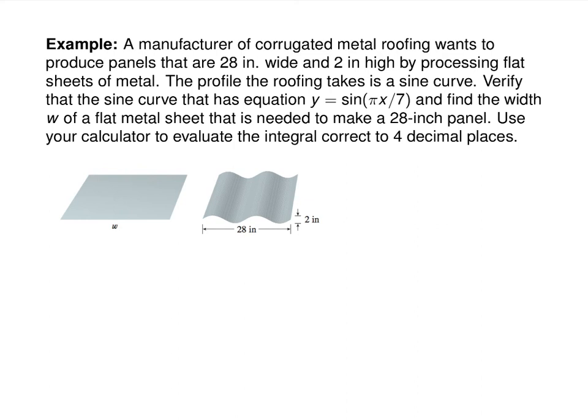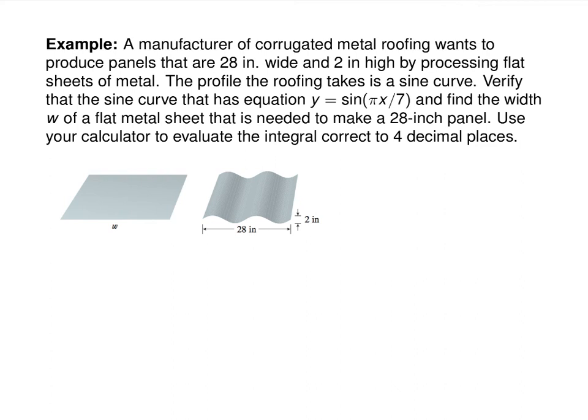So the final question we're going to go over is an application of arc length to engineering. And we're going to use calculators because engineers are going to use calculators to do their computations. Suppose you want to make some metal roofing, and the panels that you produce are going to be curvy, and they are going to be 28 inches wide and 2 inches high. And you produce them by processing flat sheets of metal. So the profile that this roofing takes is a sine curve.